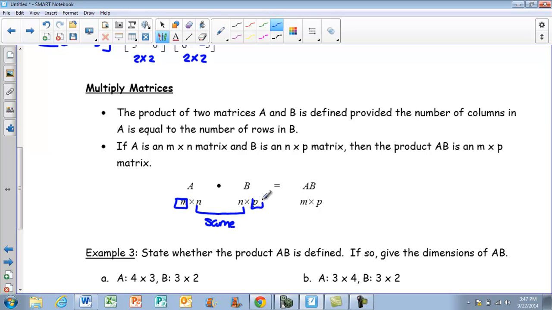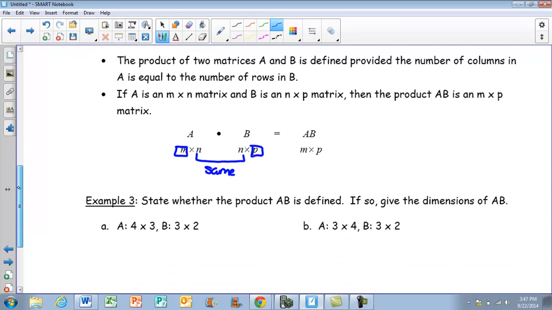So the insides need to match, and the outsides make our new matrix dimensions. So if A is m by n and B is n by p, then the product AB is an m by p matrix. So this is looking at those dimensions.